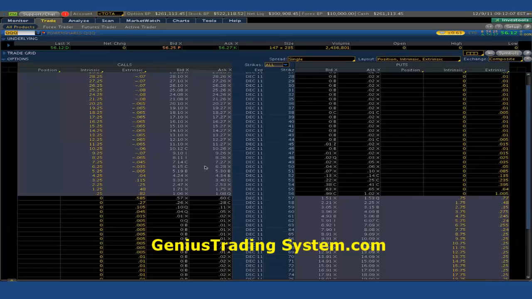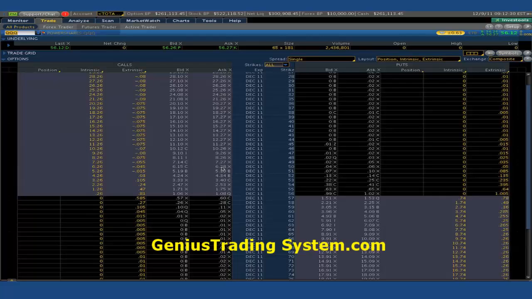The intrinsic value is determined by subtracting the strike price of the call from the actual level of the ETF or financial instrument. In this case, a 50 strike price, with the current market price of $56.12 for this ETF.